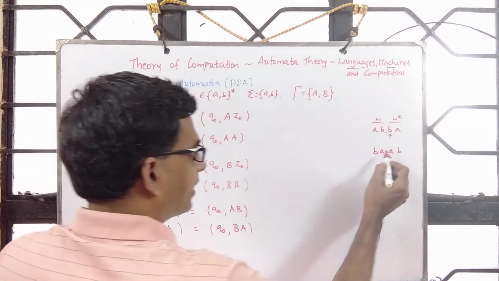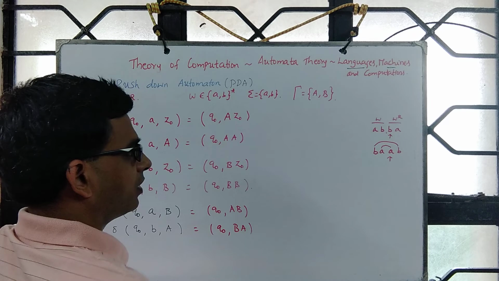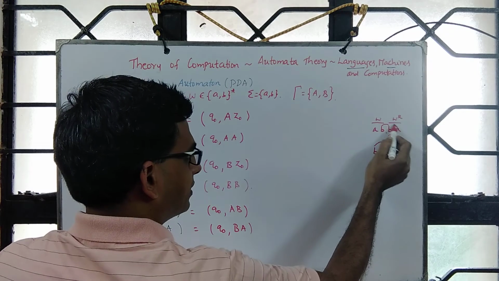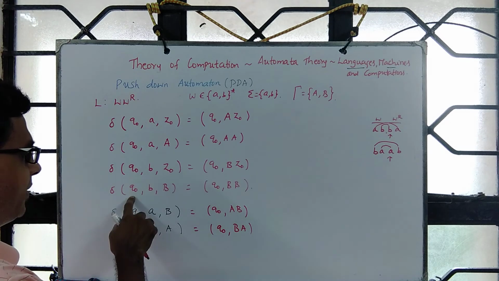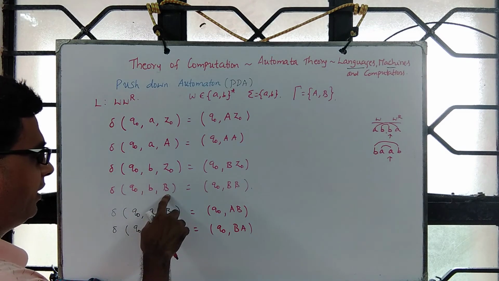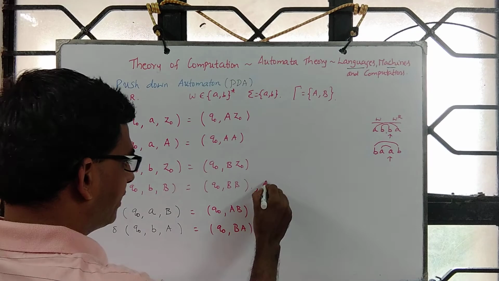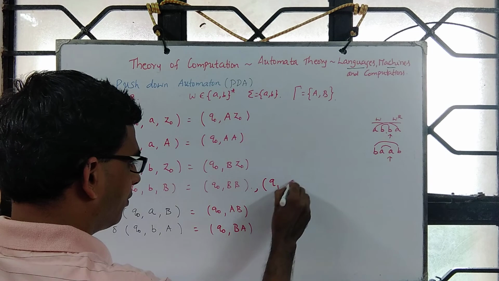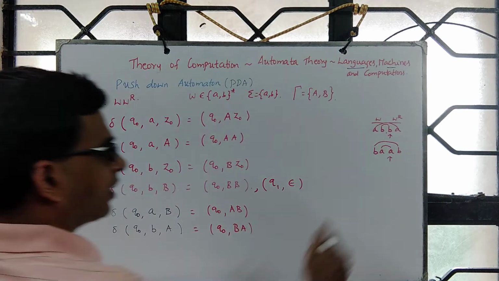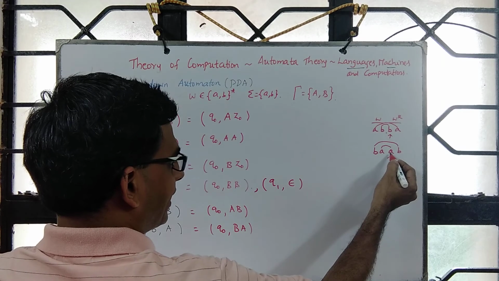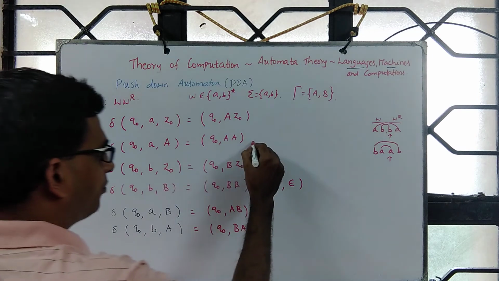Now you see that this and this are matching, this and this are matching. Similarly, this and this are matching, this and this are matching. So at this point in time, Q naught comma B, one direction says push and another direction should say pop. Go to a different state and perform pop.